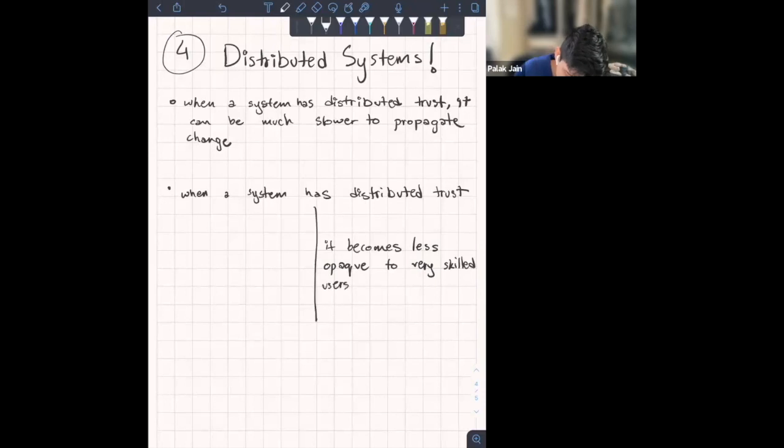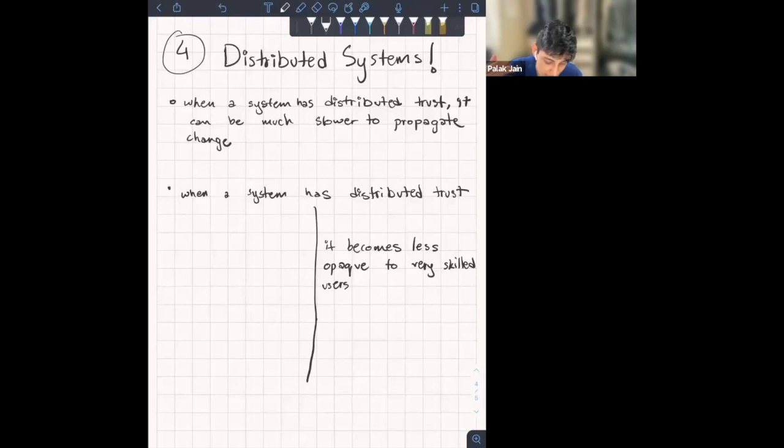So there are now people out there that don't work for a particular company, even if there is a particular Bitcoin company that has a lot of this power. The system is less opaque to other people, and it is possible for people to go and make their own checks and really make sure that things are happening the way that they expect them to happen, in a much deeper sense than we get in a centralized trust system, right?